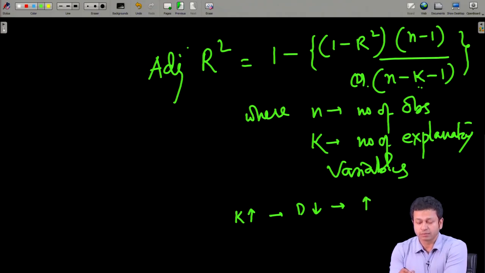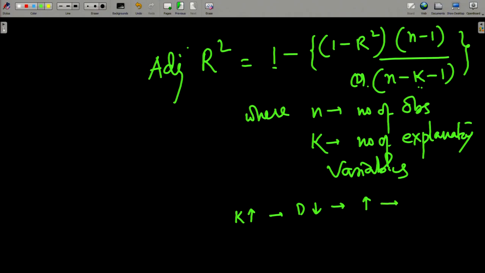If I subtract it from 1, the adjusted R square is actually going to decrease. So, you can see how the increase in the number of explanatory variables, k, is going to influence my adjusted R square.